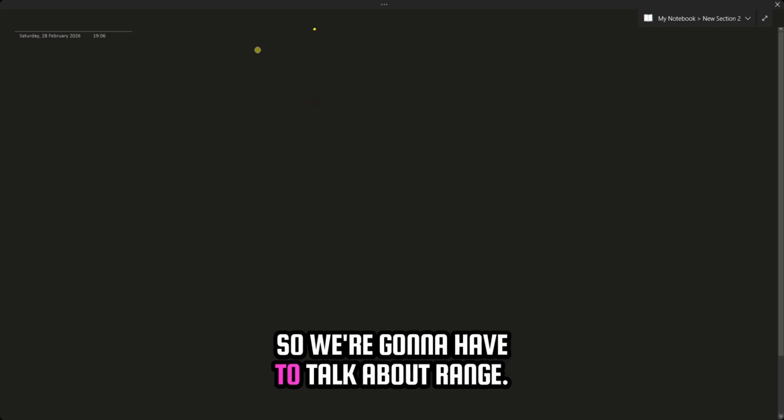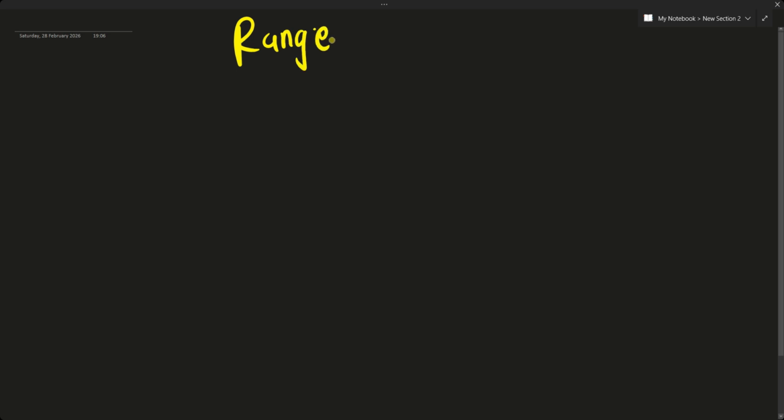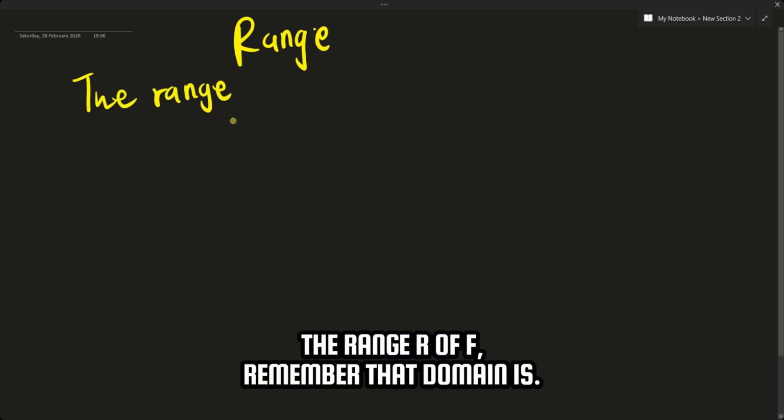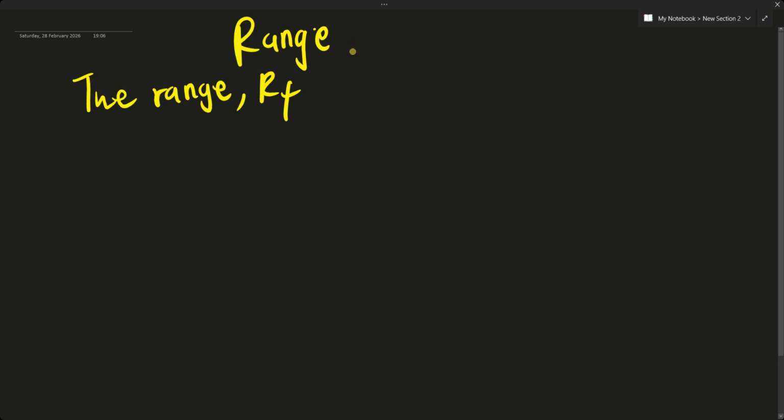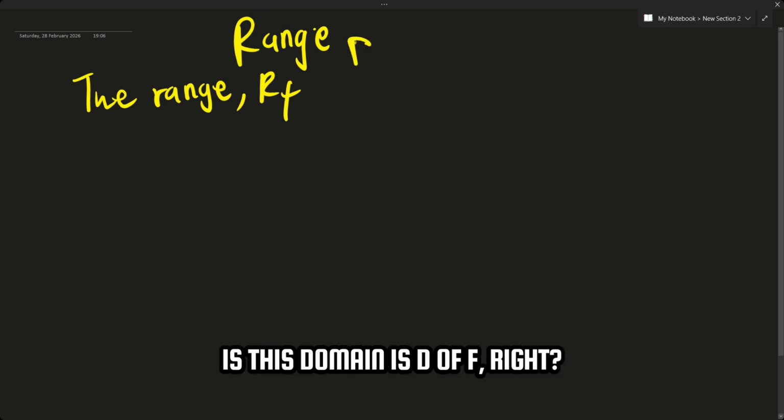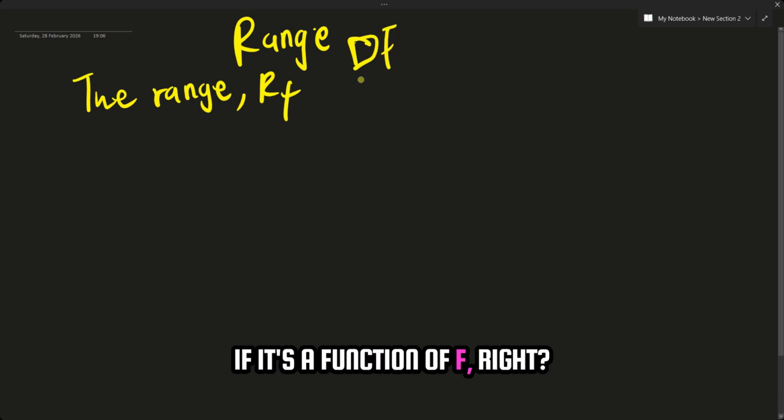So we're gonna have to talk about range. So the range R of f, remember that domain is D of f, right? If it's a function of f, right?